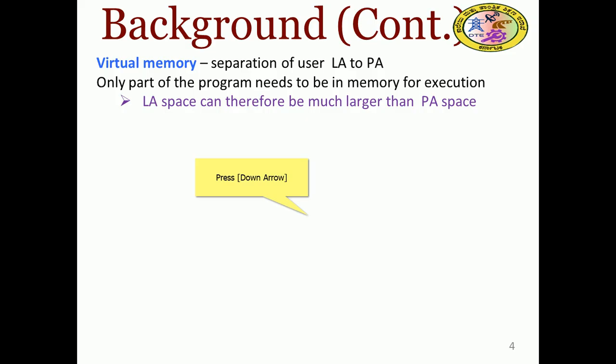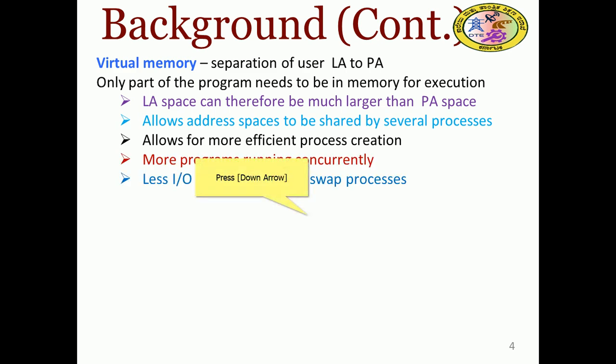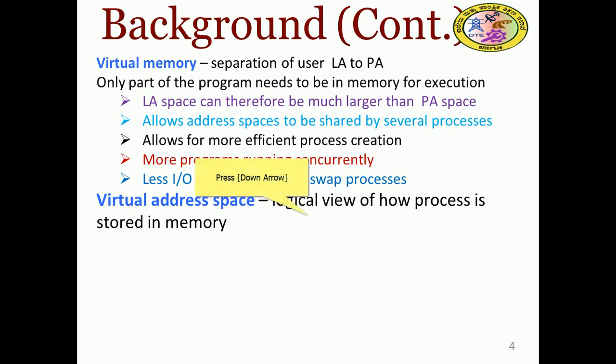The entire physical memory can potentially be put to use. It allows the address space to be shared by several processes and allows for more efficient process creation. Programs run concurrently, and less I/O is needed to load or swap a process. The virtual address space is the logical view of how a process is stored in memory.